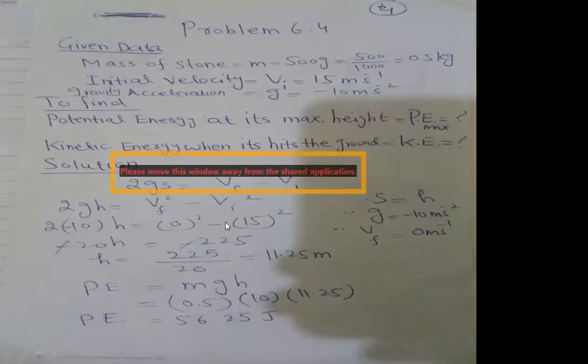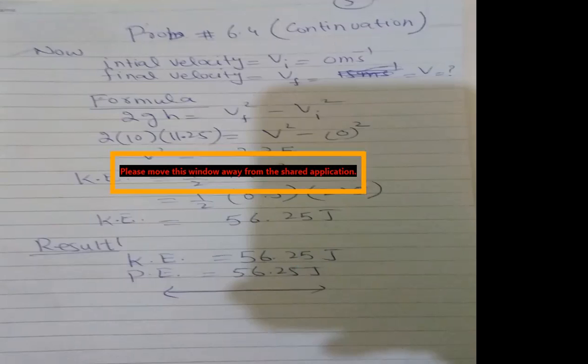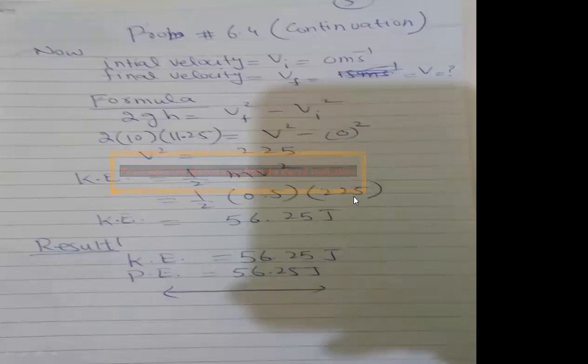H is 11.25, as I have already told you. We put the same value of h in this equation: 2 multiplied by 10 multiplied by 11.25. So v square will come 225. So v square is equal to 225.